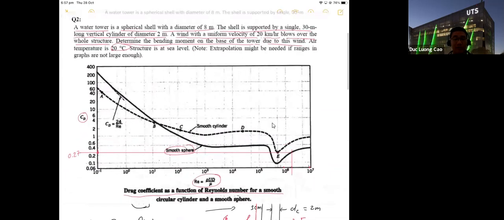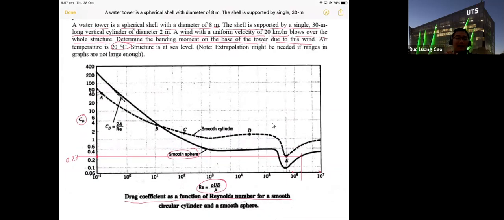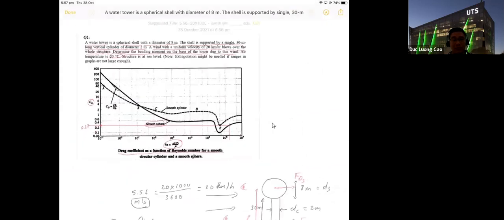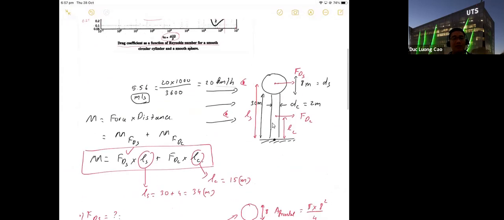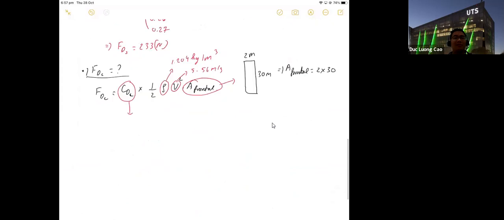Based on this figure, for the circular cylinder and smooth sphere, CD depends on Reynolds number. So sure, you have to find Reynolds number first.